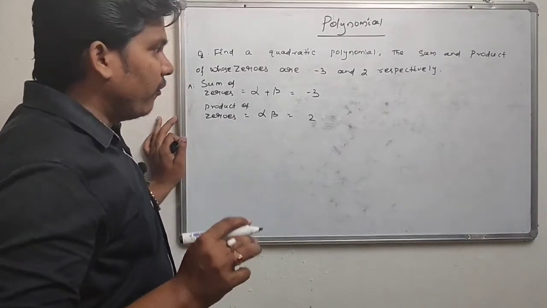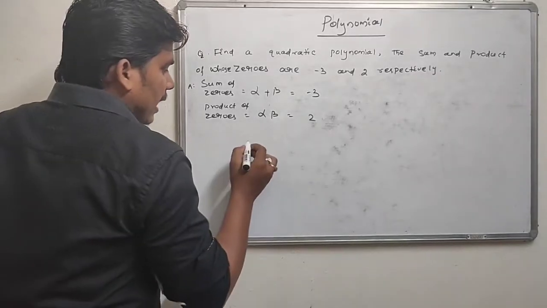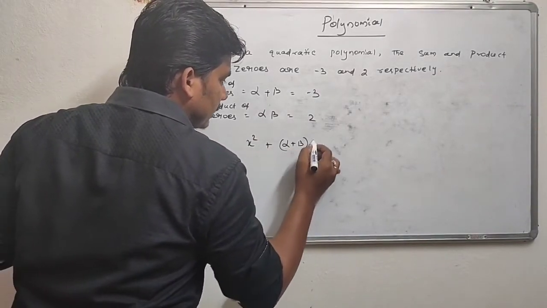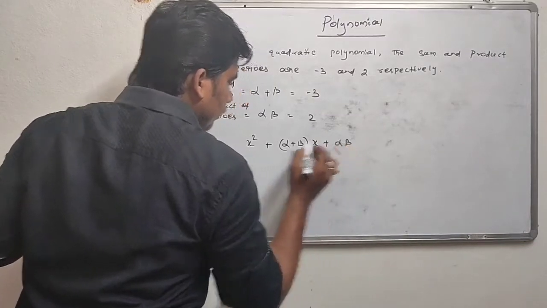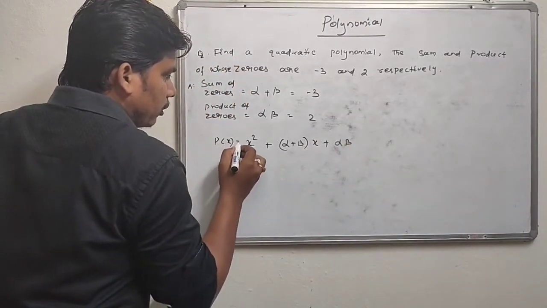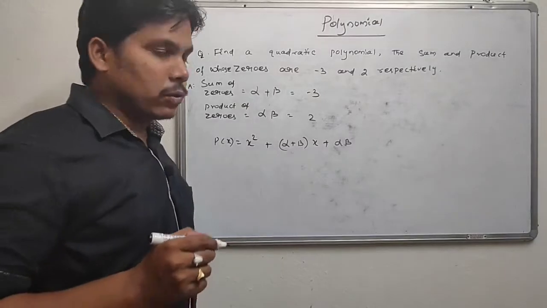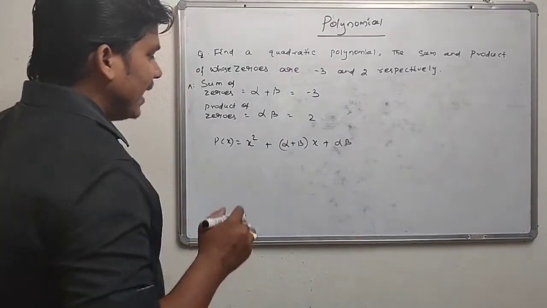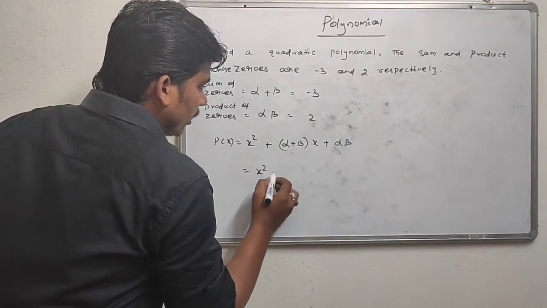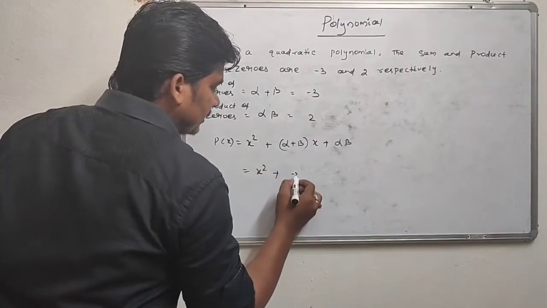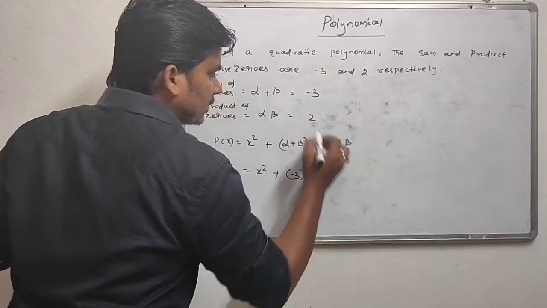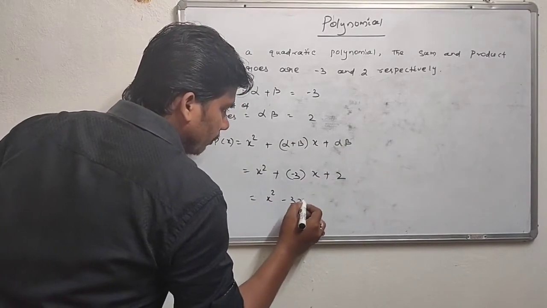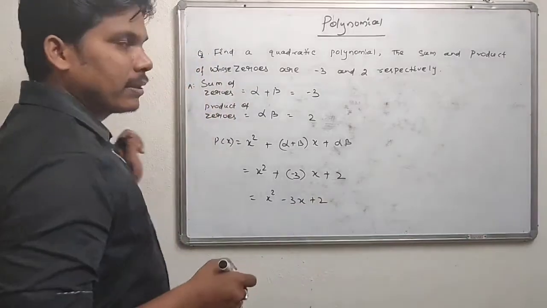As we know, for a quadratic polynomial, any polynomial p(x) is equal to x square plus alpha plus beta into x plus alpha beta. Here alpha plus beta is minus 3, into x, plus alpha beta is 2. Then the polynomial becomes x square minus 3x plus 2.